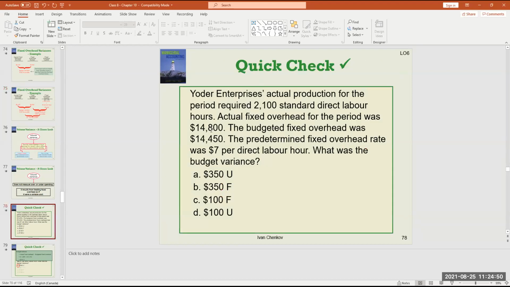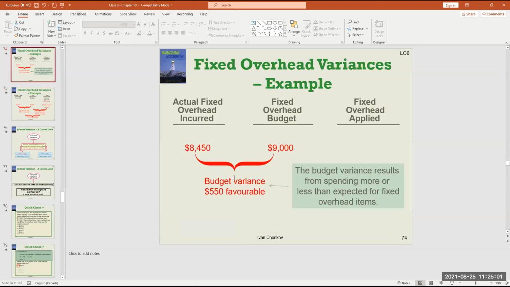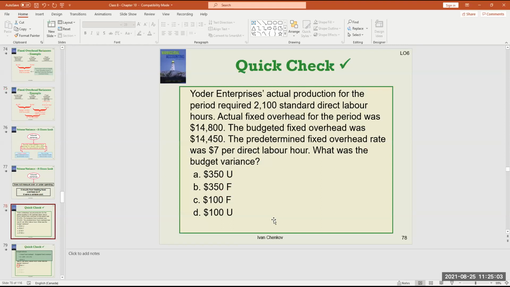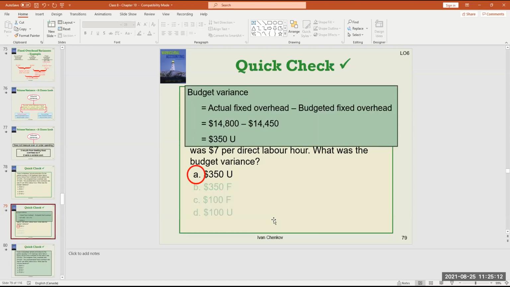Actual cost is 14,800. The budget is 14,450. So what's our budget variance in this case? What will it be? A. A, because the actual is higher than what we budgeted. So we overspent $350, and you're correct.